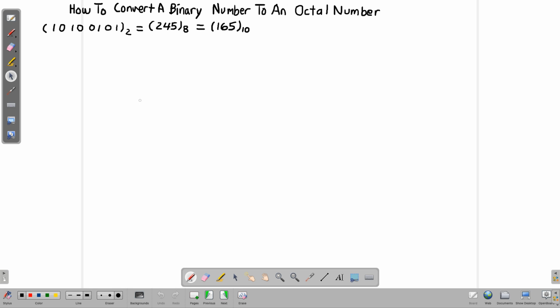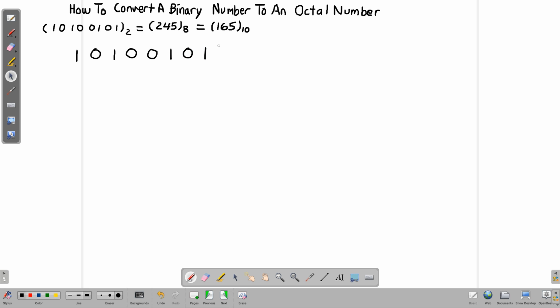Alright, so where do we begin when we want to convert a binary number to an octal number? One way to do this is to take the actual value. So let's break this out a little further. So we have 1, 0, 1, 0, 0, 1, 0, 1.